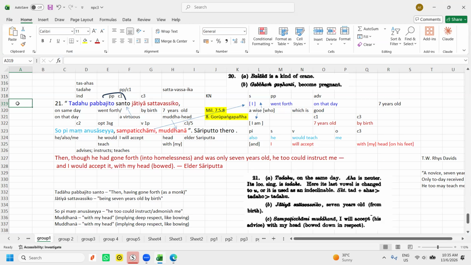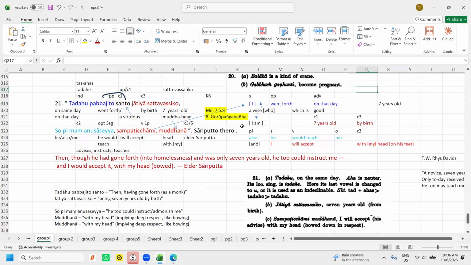He followed another ascetic until the day he saw Venerable Assaji, one of the first five Buddhist ascetics. And then after that, only then he became a monk. So in this particular case, he is not a Buddhist monk yet. He is following a Brahmin caste.